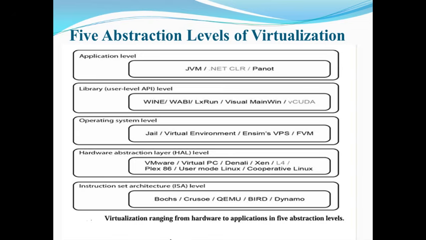The last level is the instruction set architecture, called ISA level. Tools like Bochs, QEMU, and Dynamo emulate the entire CPU instruction set, allowing software to run on different processor types.